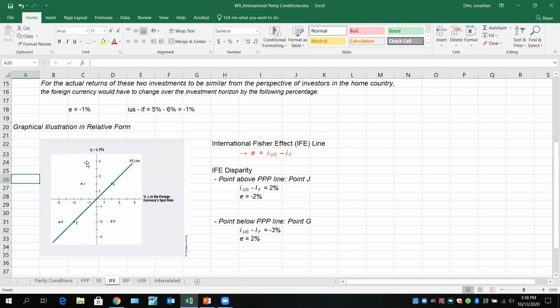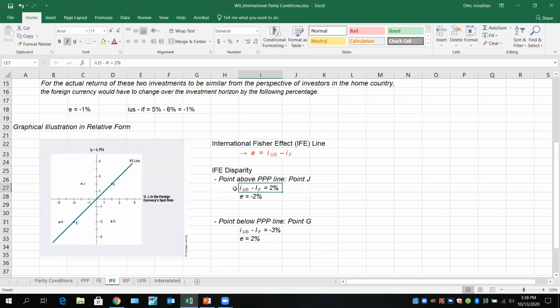Look at this. Relative interest is 2%, and the percentage change in exchange rate is minus 2%. It's way above, right? So this is in disequilibrium, disparity.